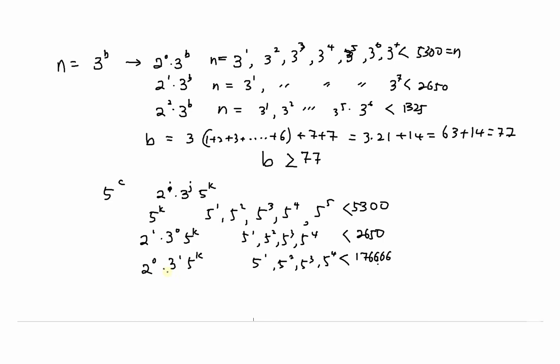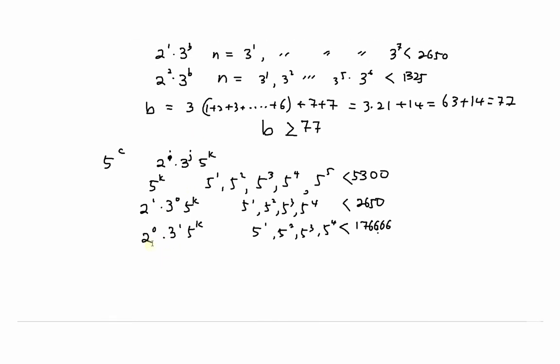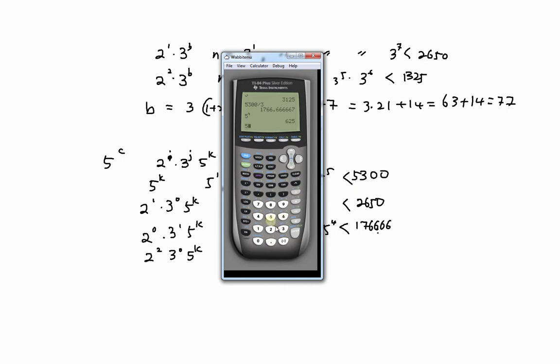Now let's move on. What if we have 2 to the 2nd? Oh sure, why not? 2 to the 2nd, and then 3 to the 0, and 5 to the k. That's 4, that's 1. So 5300 divided by 4, I get 1325.